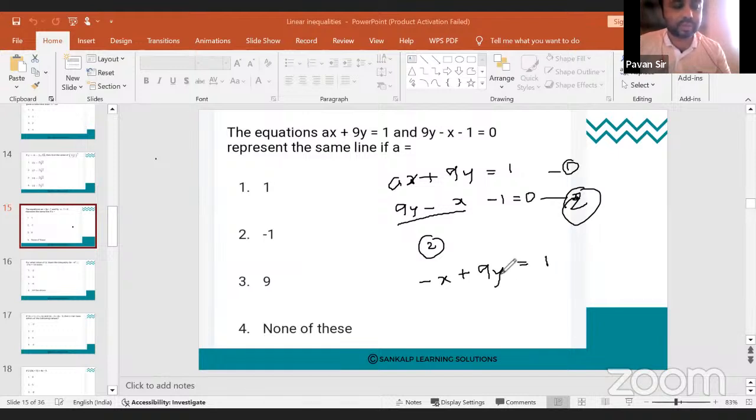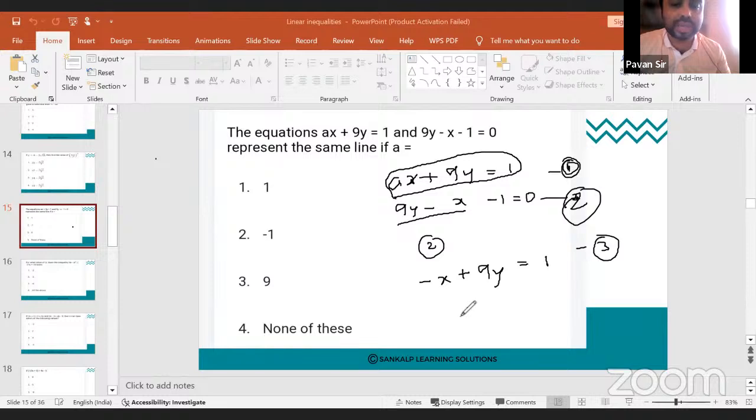Correct? So you can call this equation number 3. Minus x plus 9y is equal to 1, and equation 1 is ax plus 9y is equal to 1.